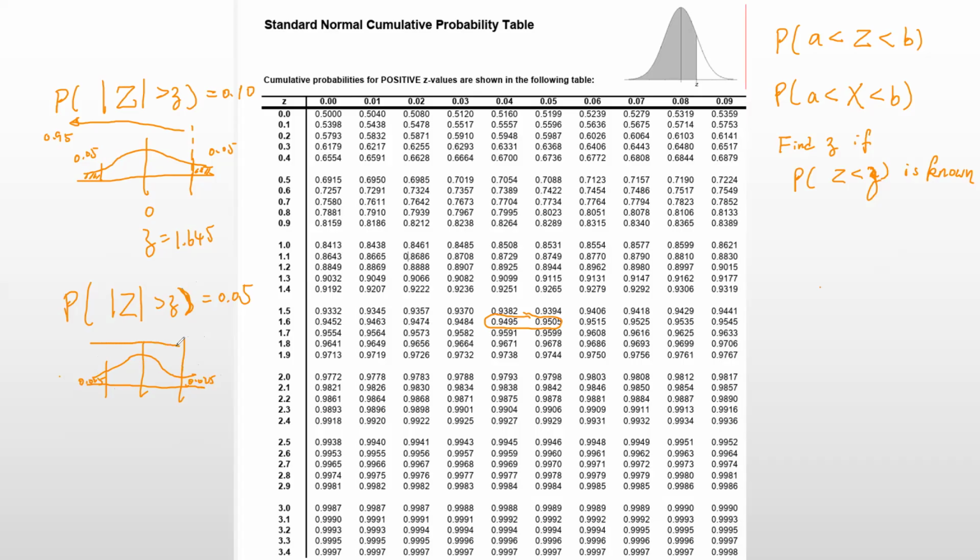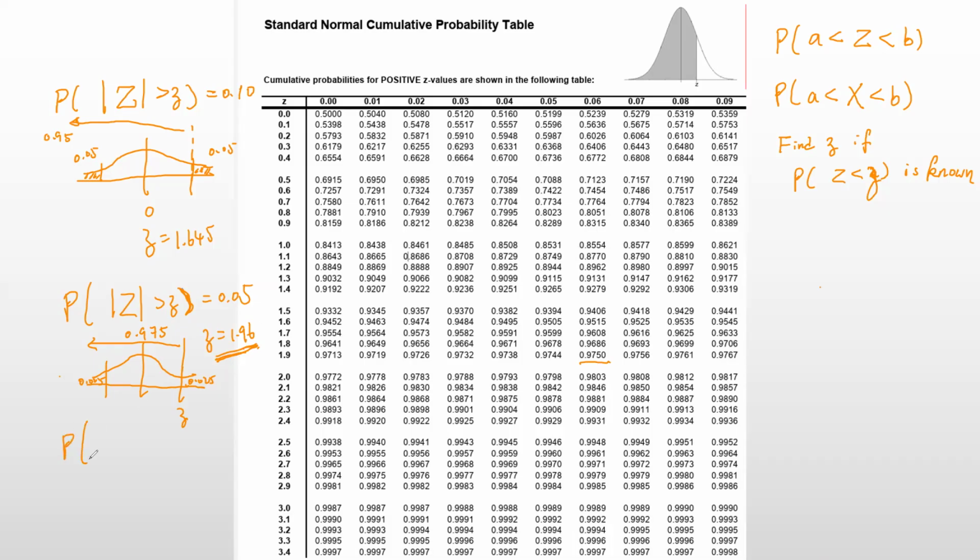To the left of this bar, which we are looking for, is 0.975. So you look at 0.975 here, and it's 1.96. So Z equals 1.96. This is probably even more widely used as a critical value in statistics.